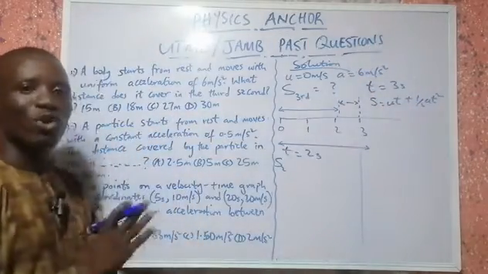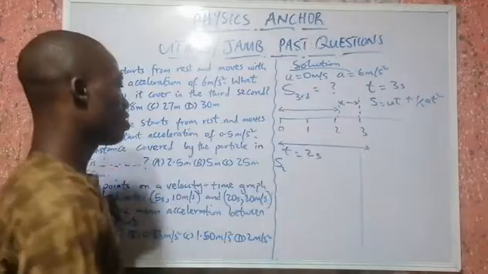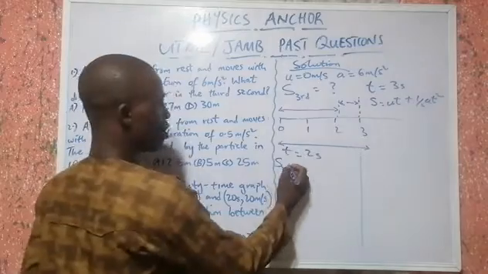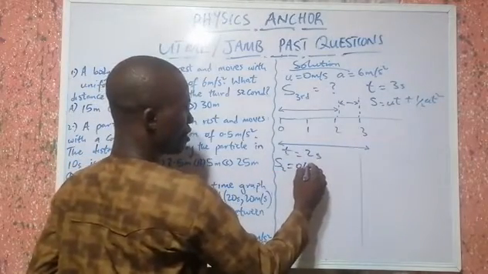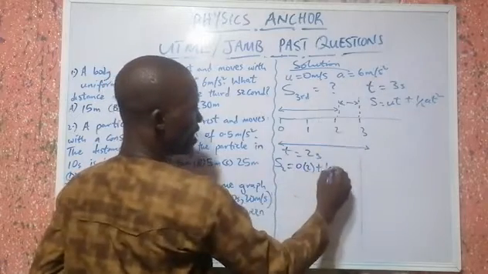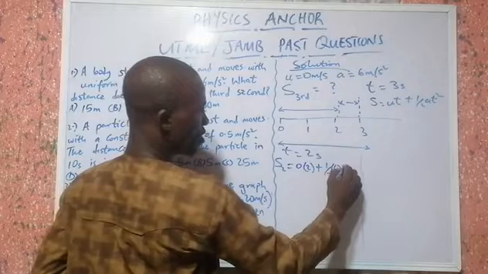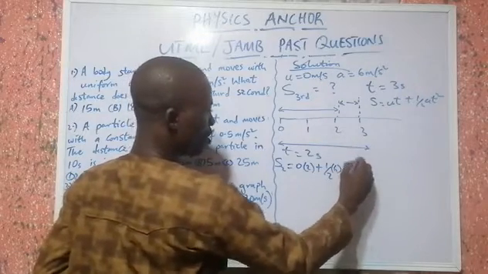Nothing concerns us with final velocity, so we don't need any formula that consists of final velocity. Our u is 0, so that will be 0 times t, plus half a, and our a is 6, times t squared, and our t here is 2, so that will be 2 squared.